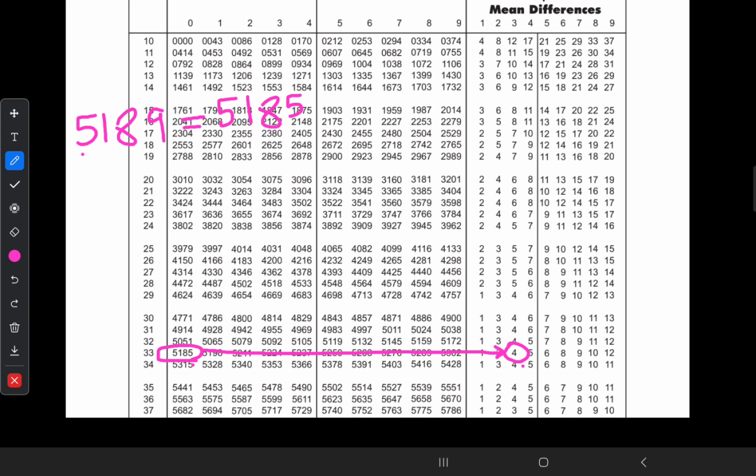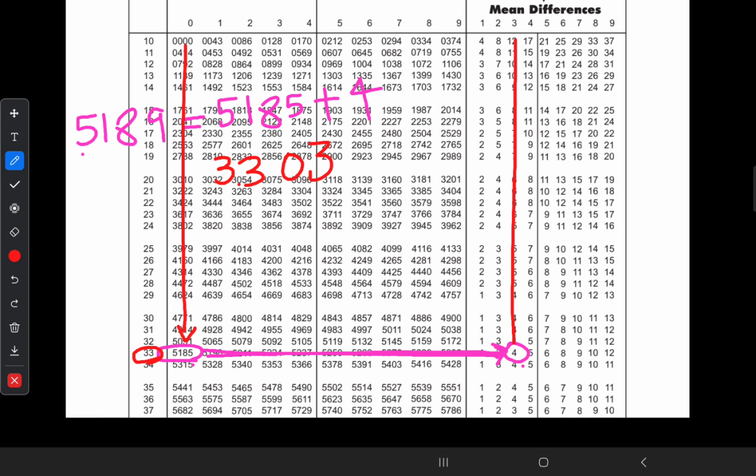So with the 5185, in the same row, you should add the mean difference, plus 4. 5185 is located in the 33rd row and 0th column, and the mean difference was 4, in the third mean difference column.